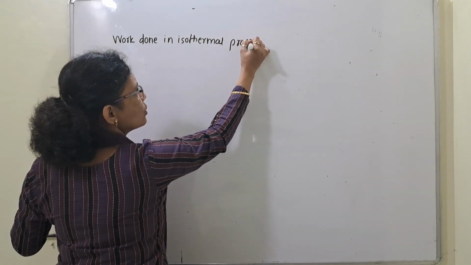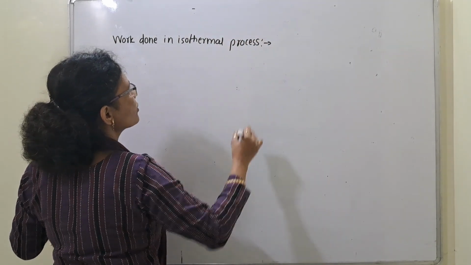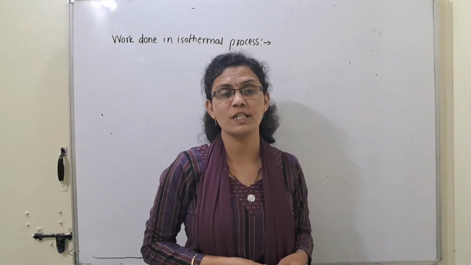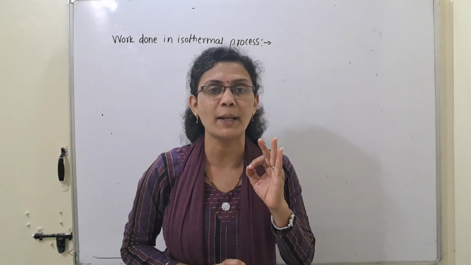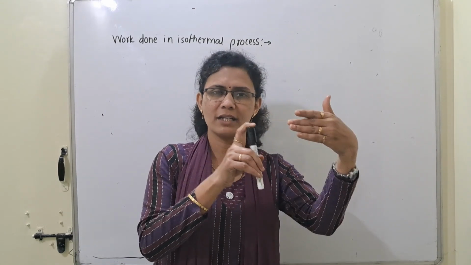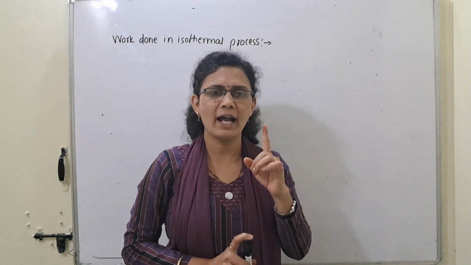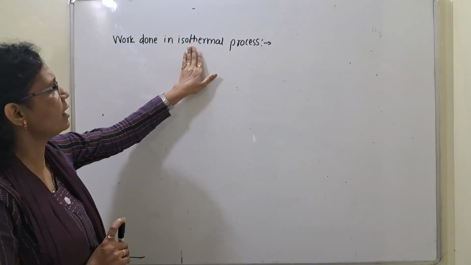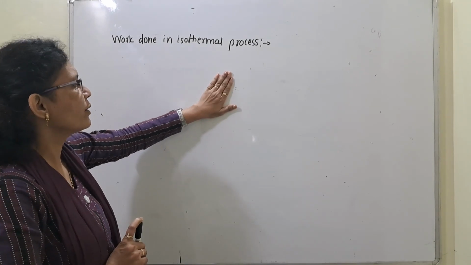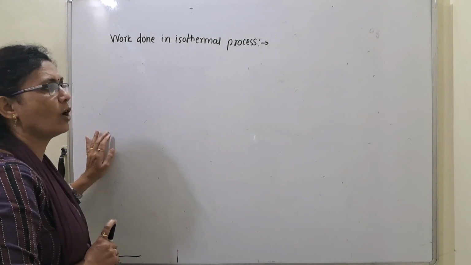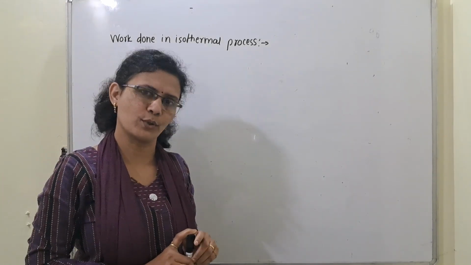What is isothermal process? The process which takes place at constant temperature. Isothermal means temperature is constant here, and the process happening at that constant temperature is called an isothermal process, and we have to derive the expression for work done in case of isothermal process.